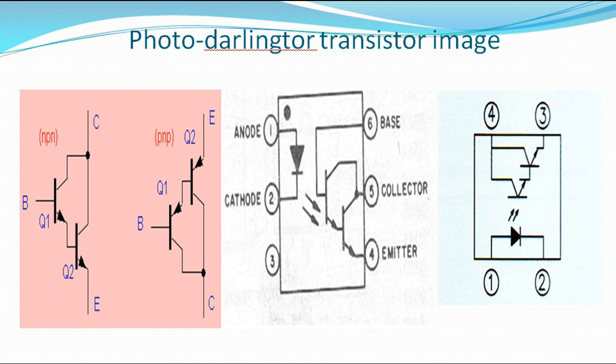And these light sensors over here, the emitter, being pin 3, is the output, while this pin 4 is the ground, being the connector.